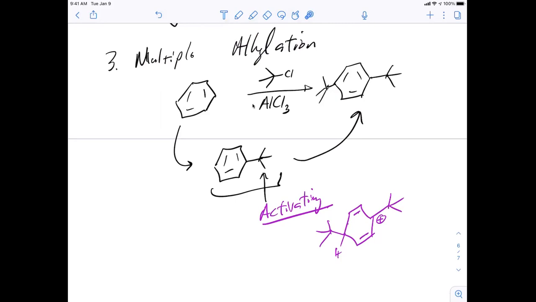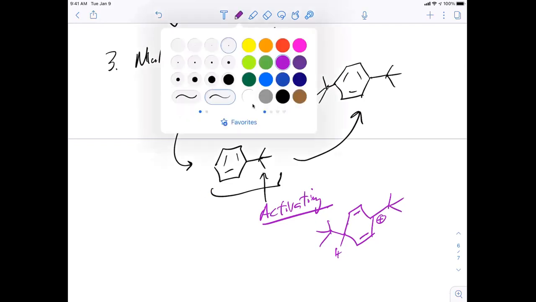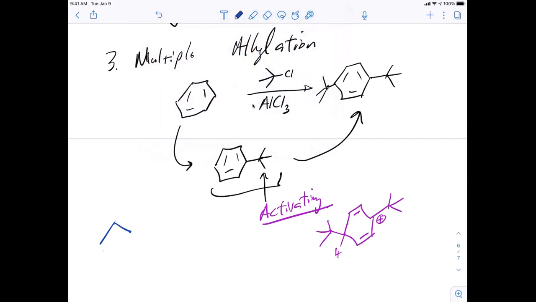The speed of reaction goes faster. So anything that can stabilize that carbocation is going to be an activating group. Since that's an activating group, this molecule reacts faster than this molecule. So I've added a group to it that makes it react faster. And if the carbocation is easy to make, I can end up with multiple groups.